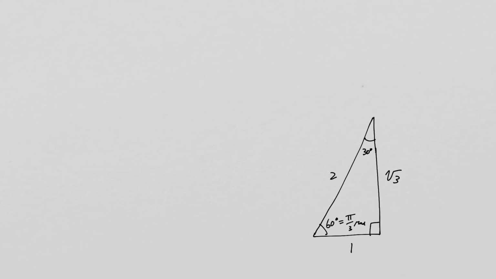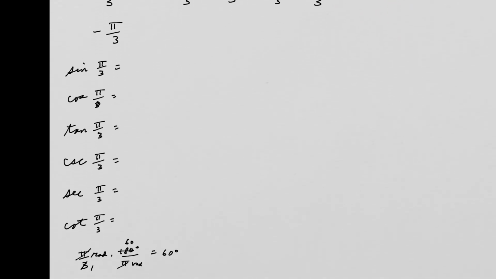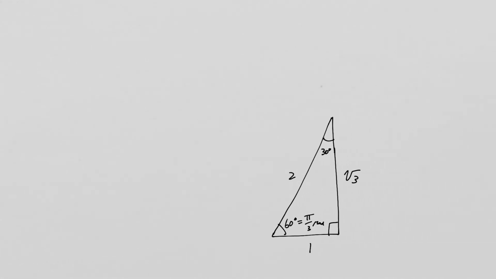So sine is going to be opposite over hypotenuse. So sine of 60, or sine of pi over 3, is radical 3 over 2. Cosine was adjacent over hypotenuse. So if you look at the adjacent, that's going to be the 1.